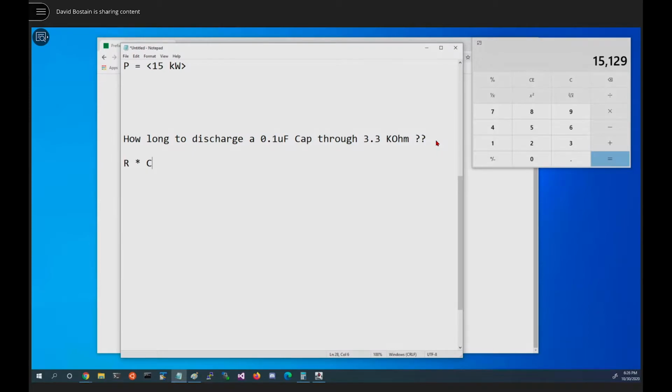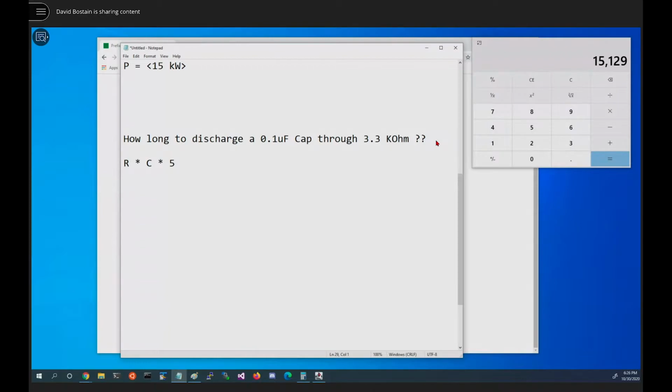How long does it take to discharge all the way to 0? This is a time constant. How many time constants did we say we needed in order to either charge or discharge a capacitor? Always the same. It's 5. That's right, Joseph. Good.